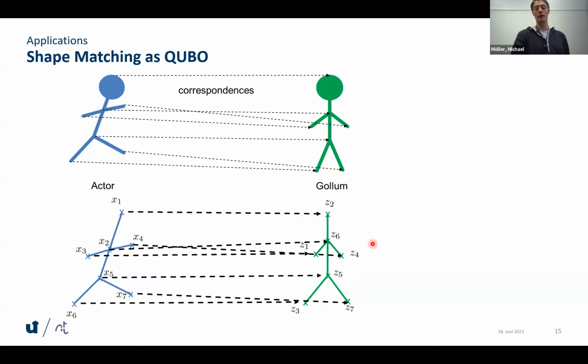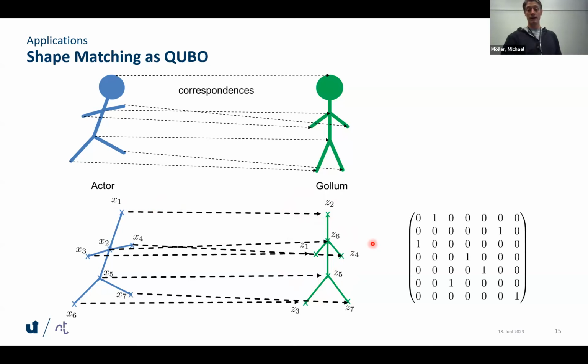Something that is not so hard for humans to see, but that is not so easy for a computer to figure out automatically, and where a common representation is what we call a permutation matrix. So basically a one-hot encoding of every match. So if this is x1, so point 1 corresponds to point 2, then the first row of my permutation matrix has a 1 in the second position.